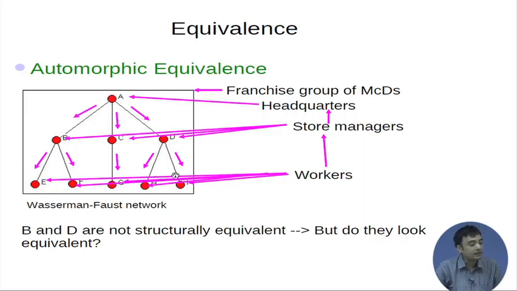Now, if you look at this particular example, you can immediately observe that although B and D are not structurally equivalent, because they do not share the same set of neighbors, they somehow seem to have a similar role. Both of them have the same number of workers working under them, not the same set but the same number, and they report to the same number of headquarters.